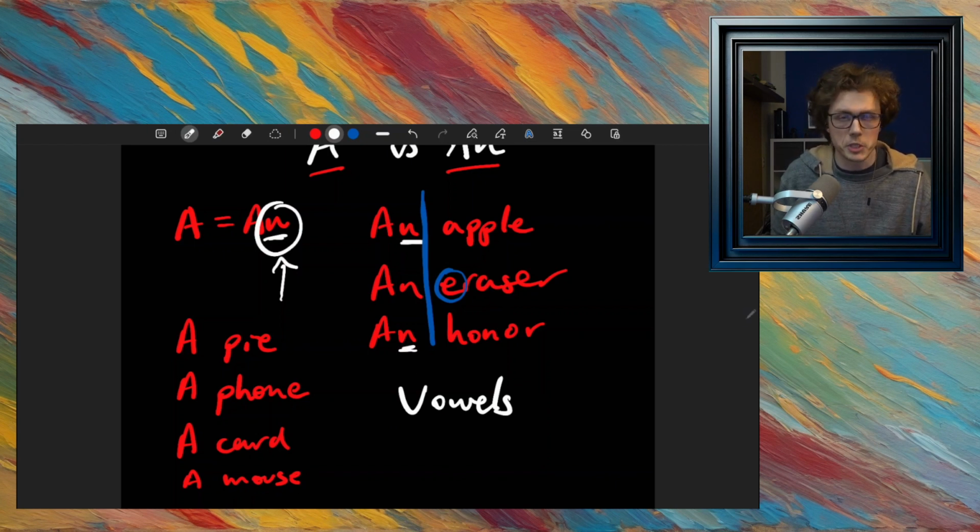You will sometimes hear people say things like a apple or a honor. It is typically a very uncommon regionalism. It's not very common at all. Or it's a child. Many children will say things like that. Or people with speech impediments sometimes do it as well. But it's generally not a normal thing.